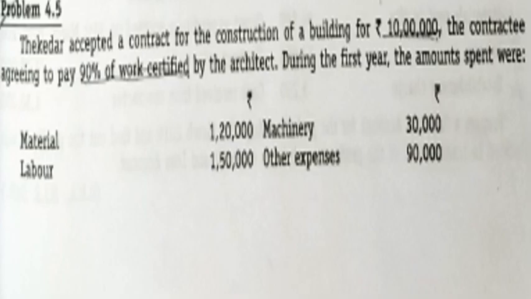So the next problem is problem 4.5. Tickter accepted a contract for the construction of a building for rupees 10 lakh. The contractee agreed to pay 90% of work certified by the architect. During the year, the amounts spent were material 1,20,000, labor 1,50,000, machinery 30,000, other expenses 90,000.